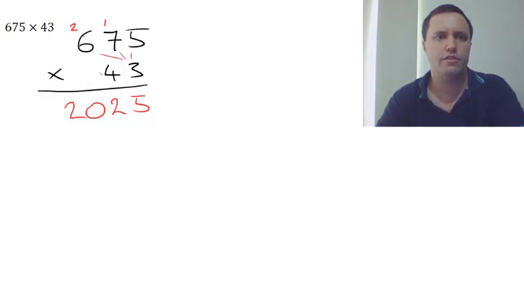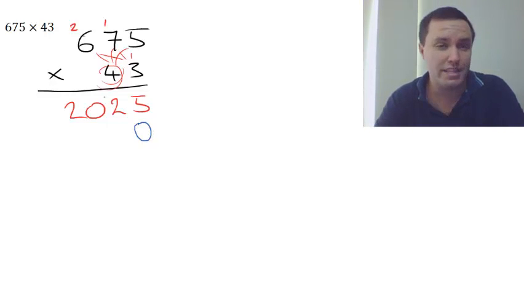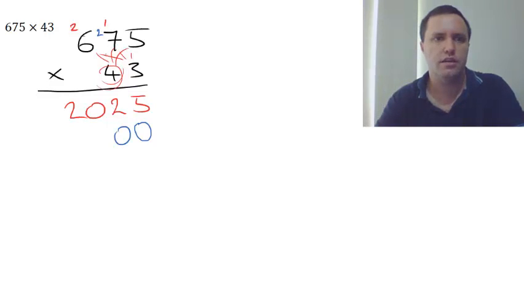Now, when we move on to this 4 to multiply against those, we're going to put a 0 down here, because we're actually multiplying by 40 now. So we put a 0 down there. 4 times 5 is 20. 4 times 7 is 28, plus 2 is 30. 6 times 4 is 24, plus 3 is 27.